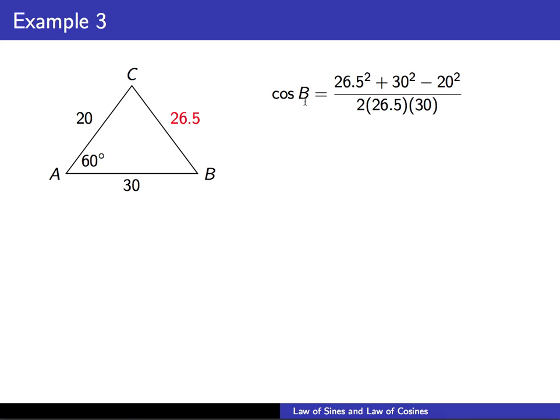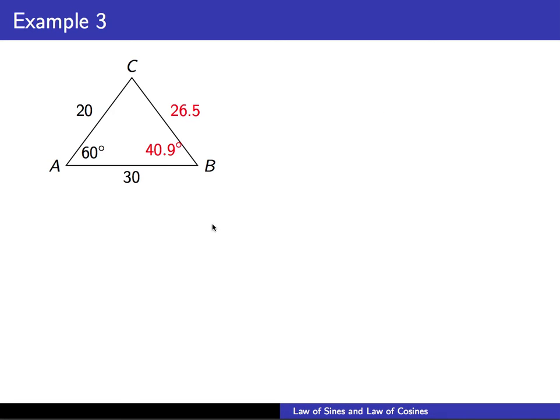So we have the cosine of angle B equals 26.5 squared plus 30 squared minus 20 squared over 2 times 26 and a half times 30, or A squared plus C squared minus B squared all over 2 times A times C. Now, when we type all this into our calculator, we get about 0.7561. So the cosine of angle B is about 0.7561. So if we take the inverse cosine of 0.7561, we get about 40.9 degrees for angle B.